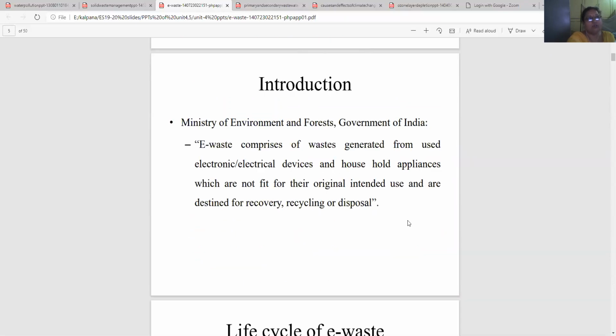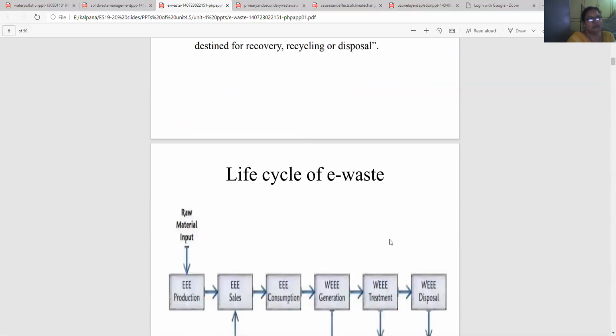The Ministry of Environment and Forests, Government of India, defines e-waste as waste generated from used electronic or electrical devices and household appliances which are not fit for their original intended use and are destined for recovery, recycling, or disposal. Now, coming to the life cycle of e-waste.